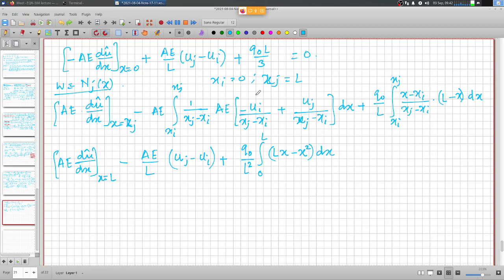Right, xi is equal to 0, so this is just x, and this integral will be Lx square by 2 minus x cubed by 3, from 0 to L. So this is equal to L cubed by 2 minus L cubed by 3, so 3 minus 2, L cubed by 6. So this integral evaluates to Q naught L by 6.